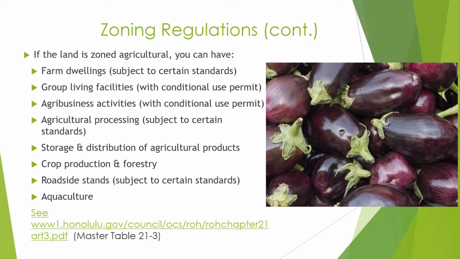For example, I know Kuku Farms, who has the farm cafe up on the North Shore, had a lot of challenges with permitting because their land was allowed for agricultural production, but it wasn't necessarily allowing them to do sales and have a restaurant cafe on the property. So that took a lot of work for them, working with the city and county Department of Planning and Permitting and also the state to get the right permits that they needed.